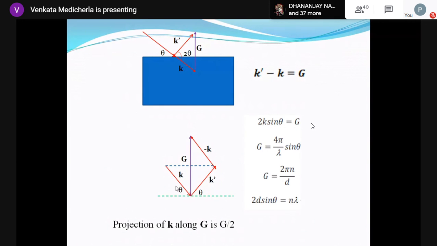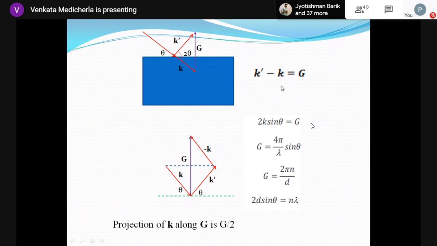What we have seen is actually like this. Let's say this is the crystal I have, that blue rectangle, and the incident X-ray, k. I have extended it down a little bit. It's coming down, and the scattered X-ray is here. That's k prime. This is k and k prime. k prime minus k should be G. That means just connect k to k prime.